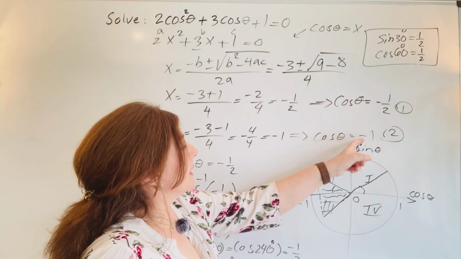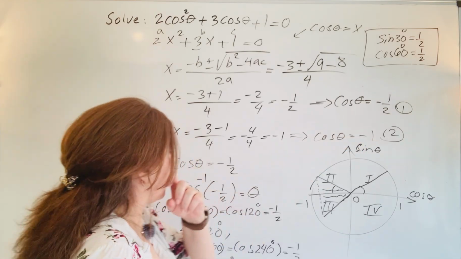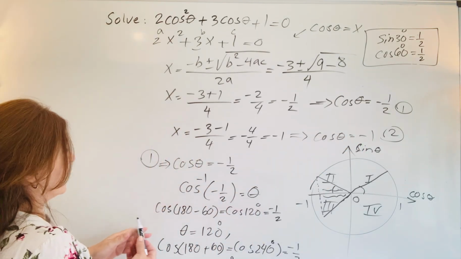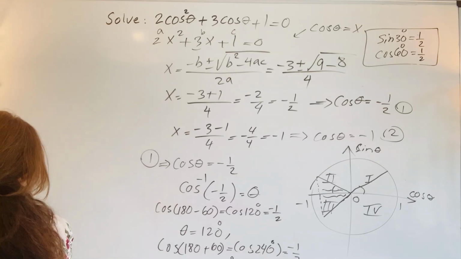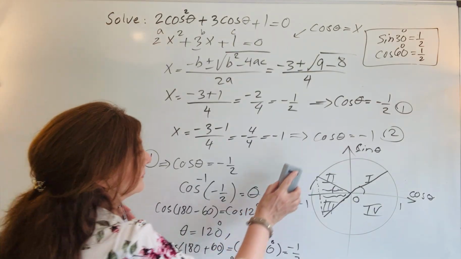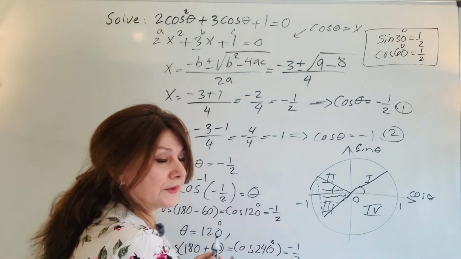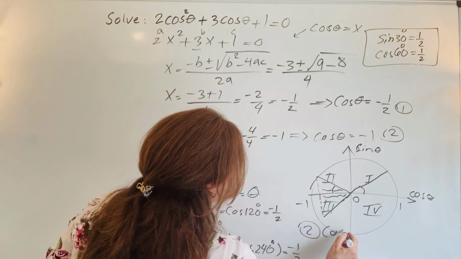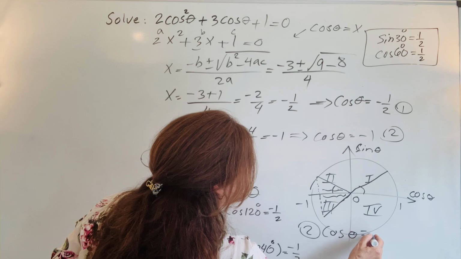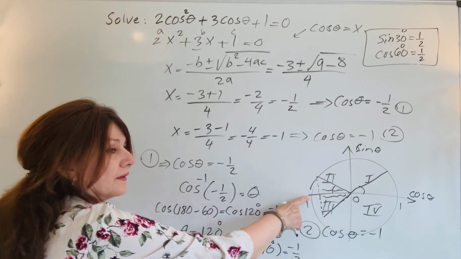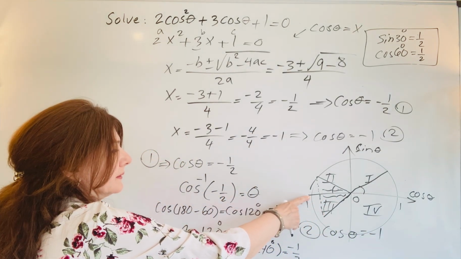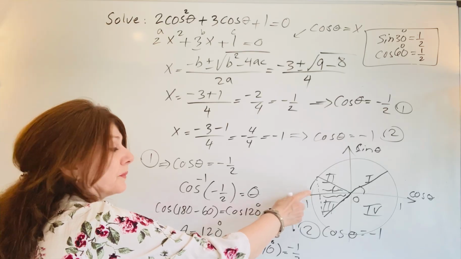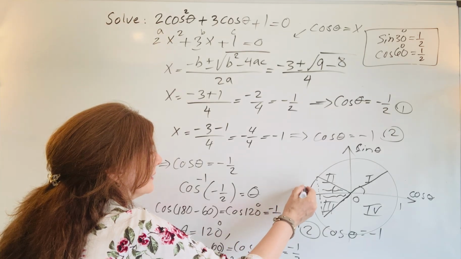How about cosine of negative 1? In case 2, we have cosine of theta equal to negative 1. We know that cosine of theta is negative 1 at pi, or 180 degrees.